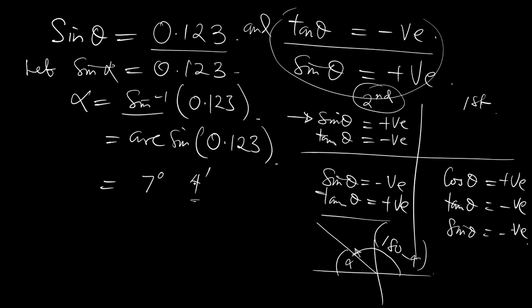Now, to convert this 4 minutes to decimal, you have 4 minutes divided by 60 minutes, times 1 degree over 1. This is the same thing as 4 divided by 60, which is roughly 0.067.